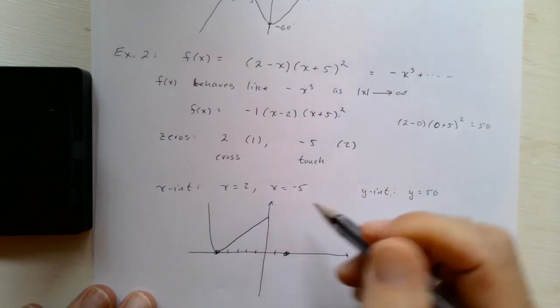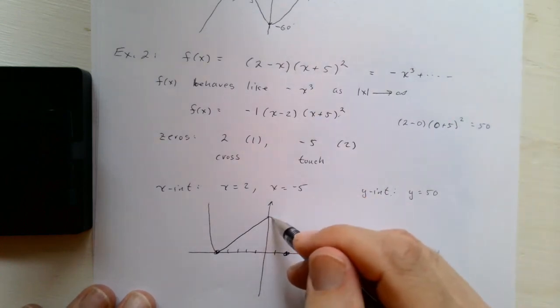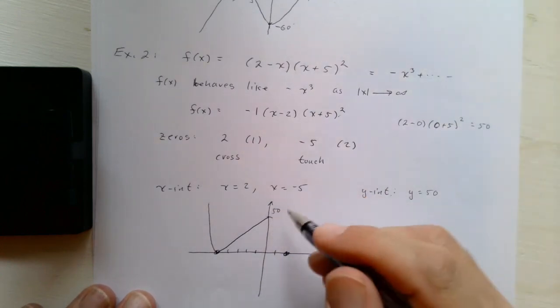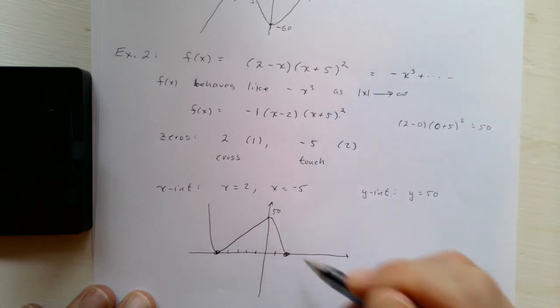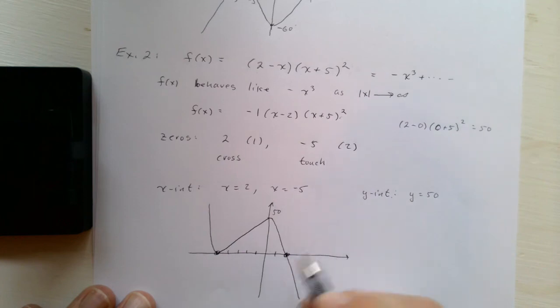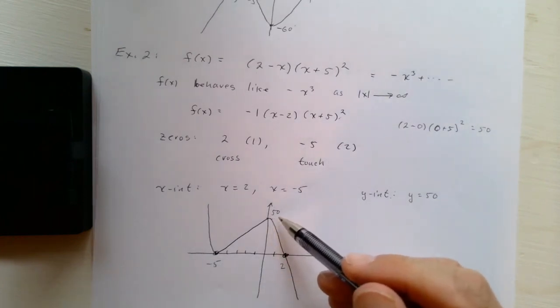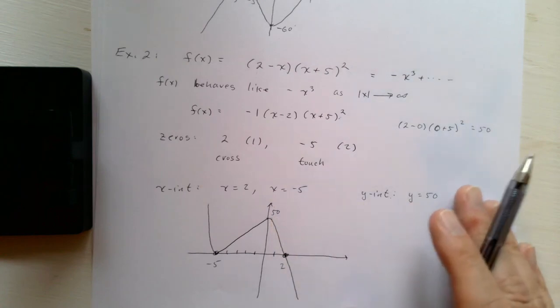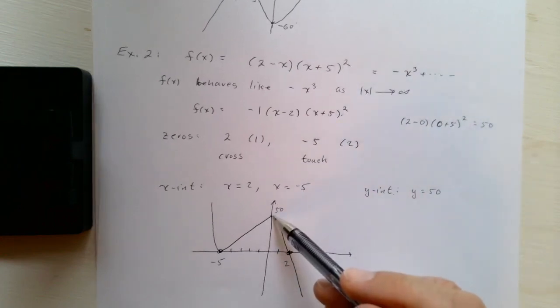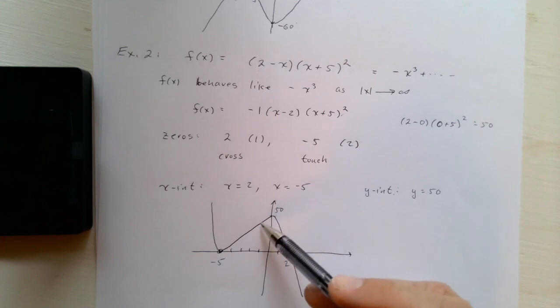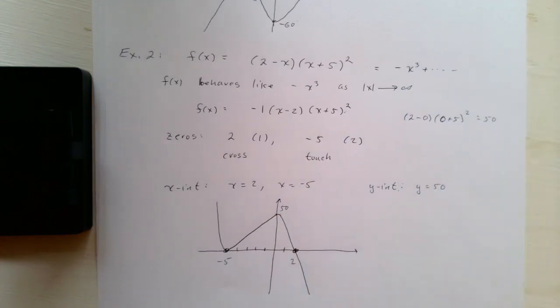And then it's going to hit the y-axis at 50. And then it will go down and cross the x-axis at 2 and continue down. Again, we don't know where this is actually going to turn around. It might not turn around at this point, but it might be something like that. But that's what the graph will look like, approximately.